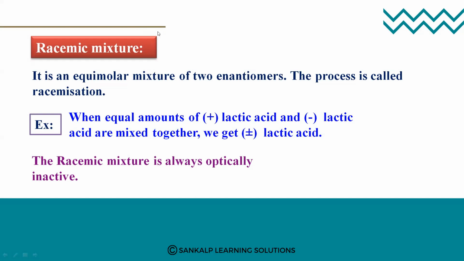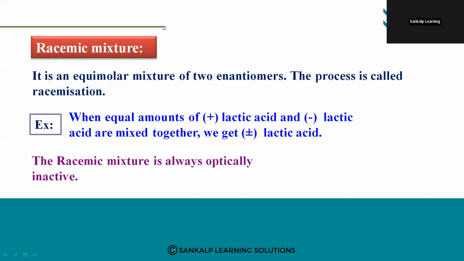For example, if you have plus lactic acid and minus lactic acid, 50% plus lactic acid and 50% minus lactic acid, when they are present in equal amounts and mixed together, we get plus and minus lactic acid. This racemic mixture is always optically inactive.